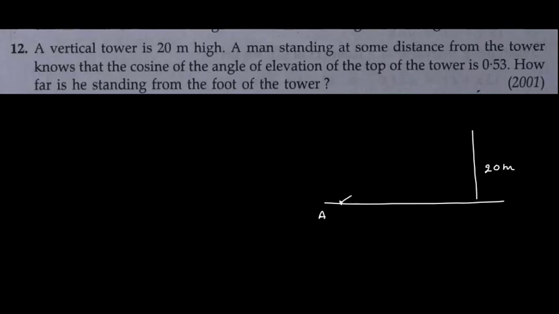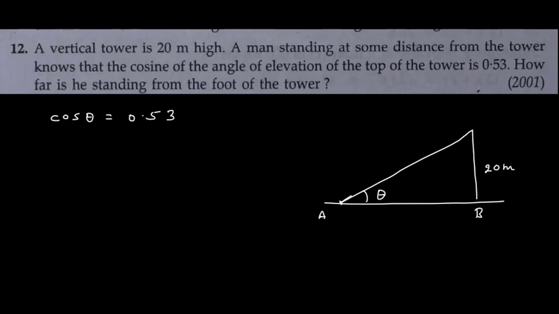Knows that cosine of angle of elevation. So this is the angle of elevation; suppose this angle is theta, or I can say cos A also. So cos theta is given 0.53.